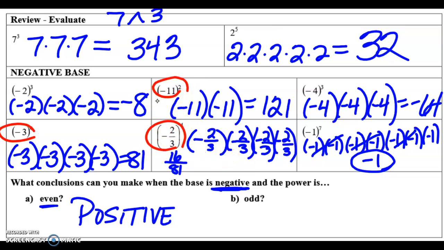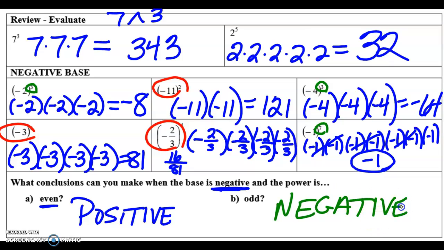Whenever a negative was raised to an even exponent, it was positive. Whenever it was raised to an odd number, like here, here, and here, the overall answer is negative. Interesting.